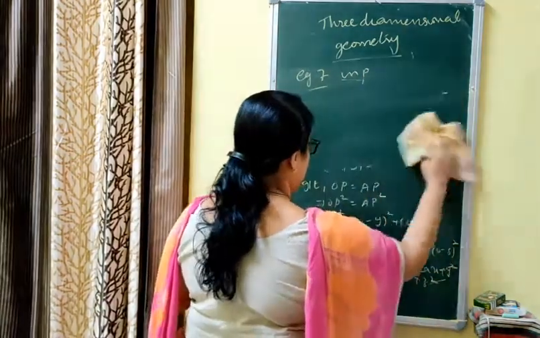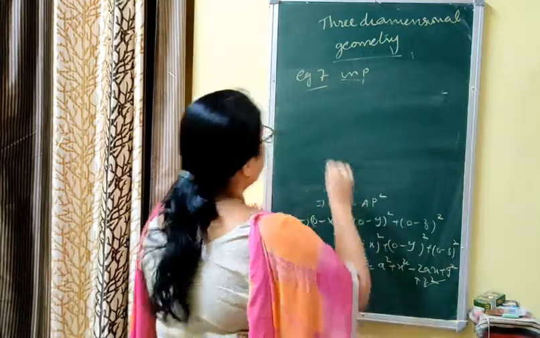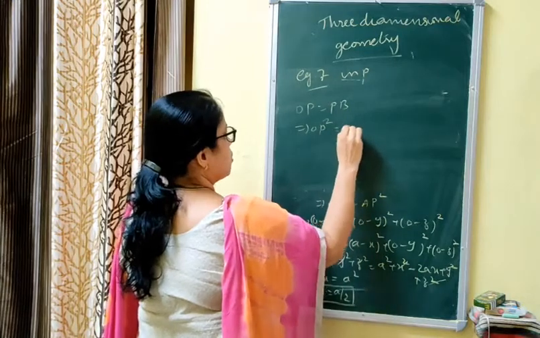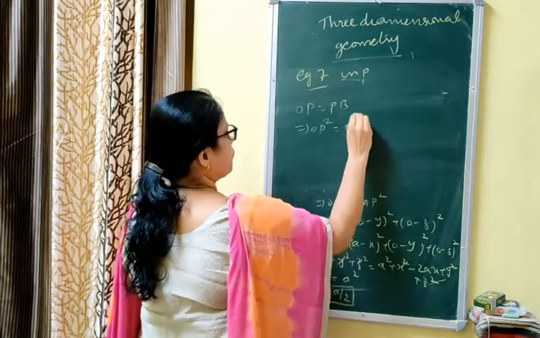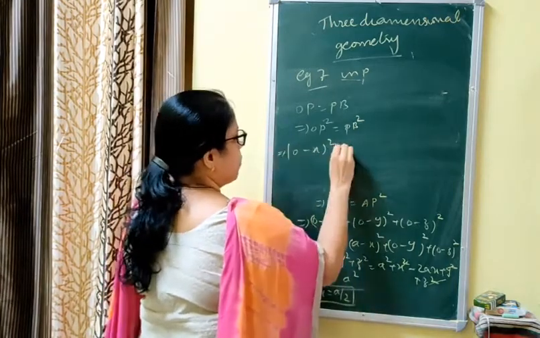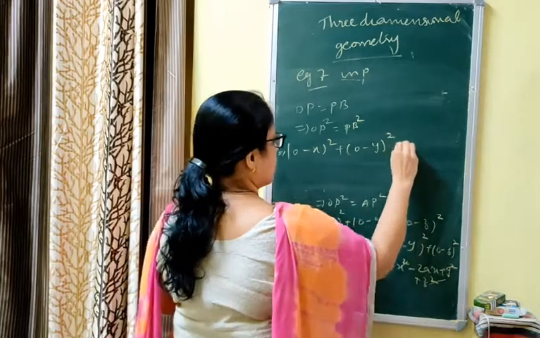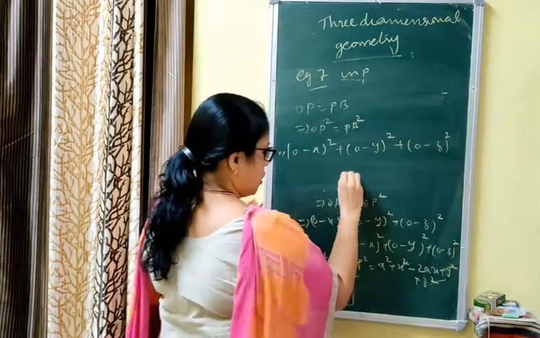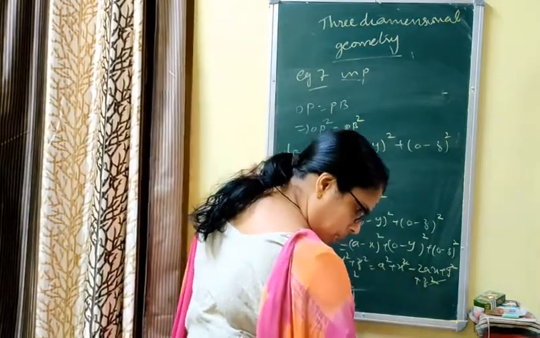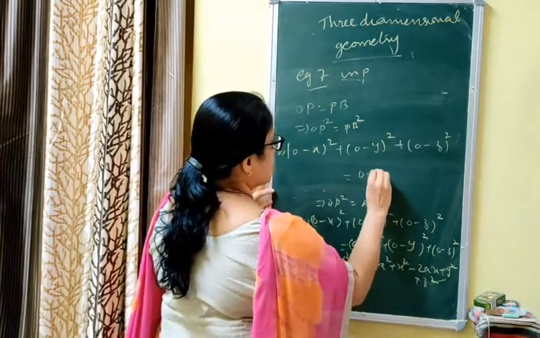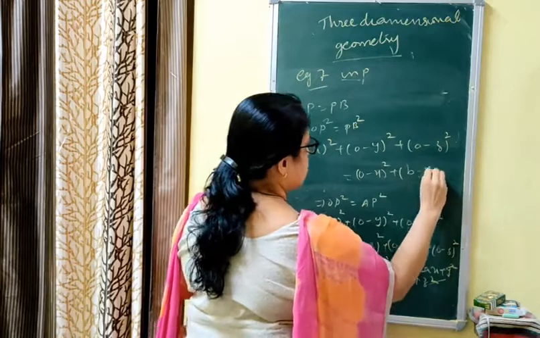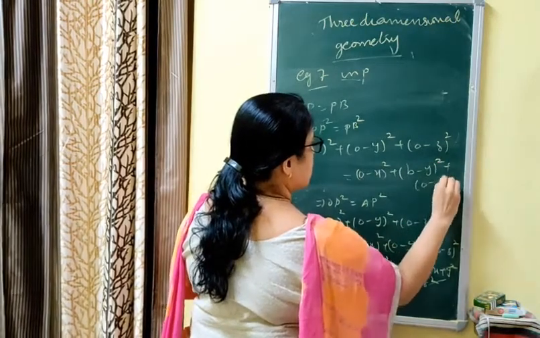Now we have to find the value of y. For getting the value of y, what will you do? OP equal to PB. OP is equal to PB implies OP square is equal to PB square. The left side will be the same as before, that is (0 minus x) whole square plus (0 minus y) whole square plus (0 minus z) whole square, is equal to PB, where the coordinate of B is (0, b, 0), that is (0 minus x) whole square plus (b minus y) whole square plus (0 minus z) whole square.